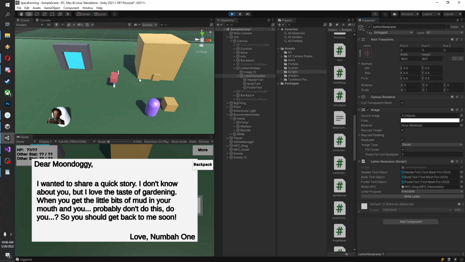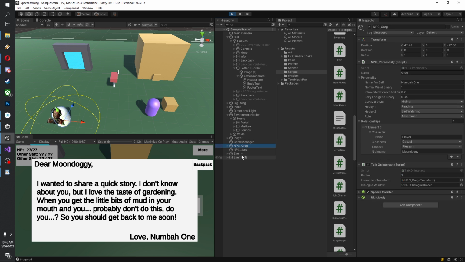All of the above generates this letter that you see here in Unity. And it generates this letter based on information stored in the NPC. You'll notice that each letter starts off with a greeting and ends with a sign-off. The greeting and sign-off are based on name values that are stored within the NPC itself.